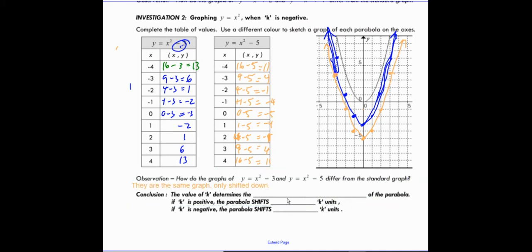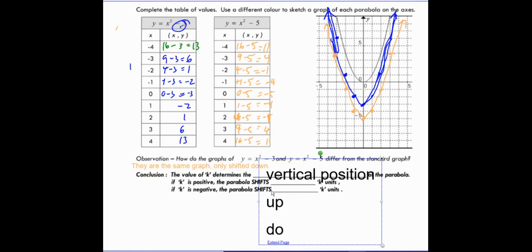Okay, what else do we know? Well, we know that the value of k determines the vertical position, and that it shifts up and down.